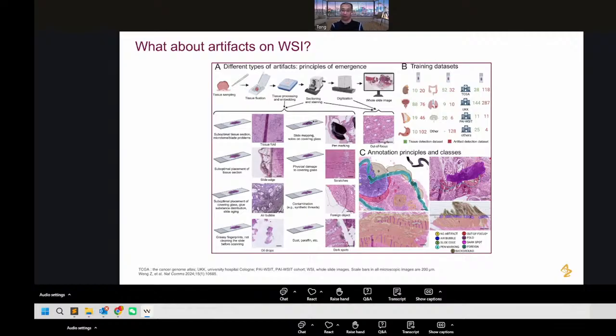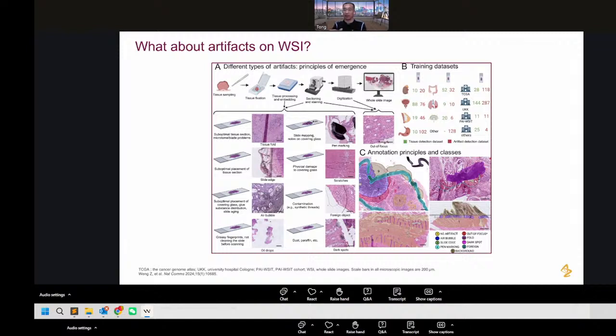What if another institution is different, for example in the staining procedure or pre-handling? There are a lot of variables. One lab may not be the same as another lab. If you train your model based only on a single institution, your model is not going to predict well for another institution's data.